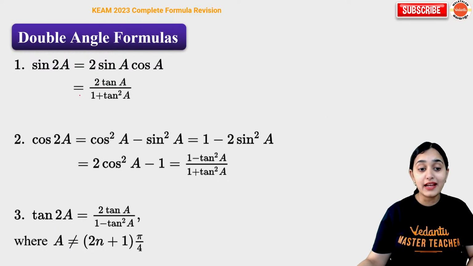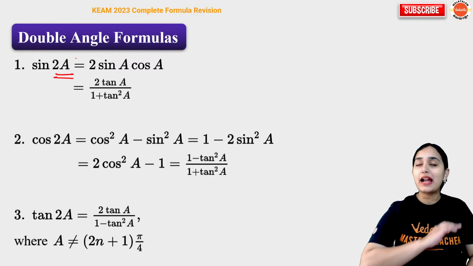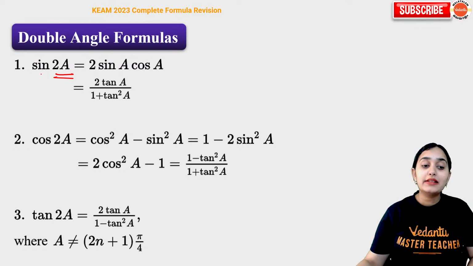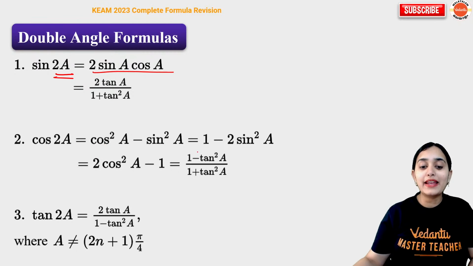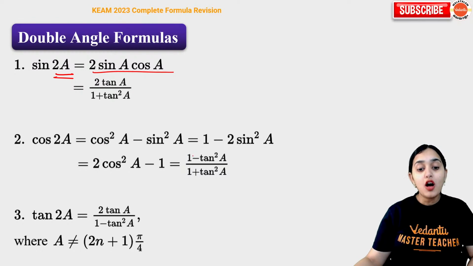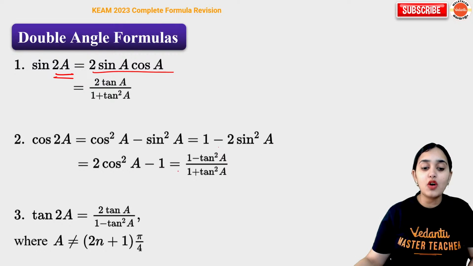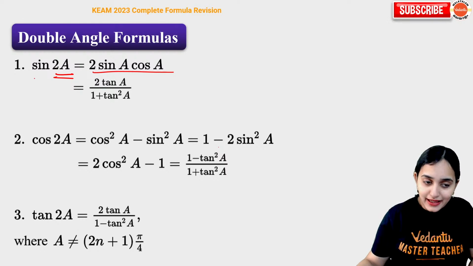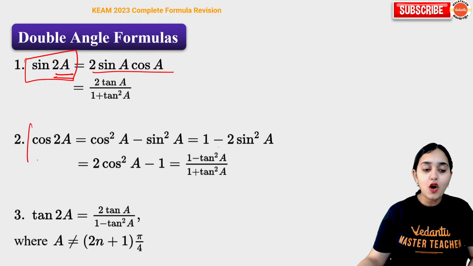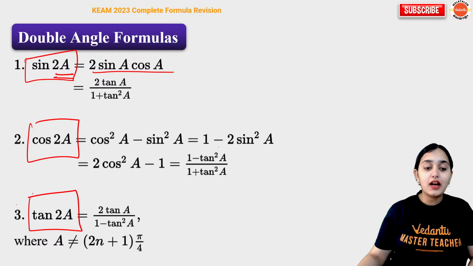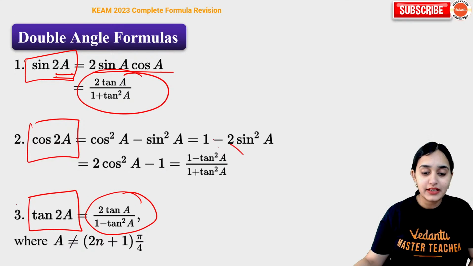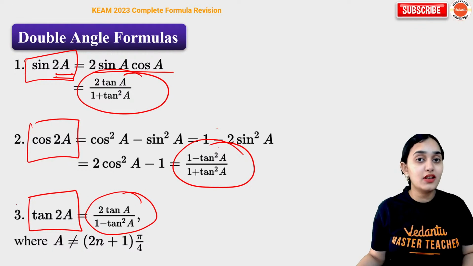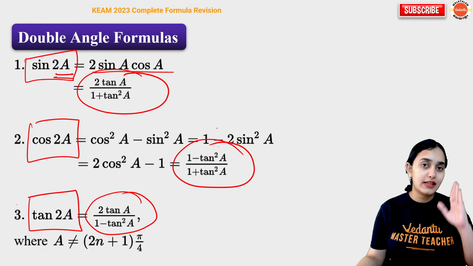Okay. Next, our double angle formula is used at many places in the trigonometric chapter. Sine 2A is 2 sine A cos A. Cos 2A is cos square A minus sine square A, also written as 1 minus 2 sine square A, 2 cos square A minus 1, also 1 minus tan square A upon 1 plus tan square A. Now, sometimes sine 2A, cos 2A, tan 2A, all of them can be transformed as tan A. So, sometimes questions are asked related to this concept also.